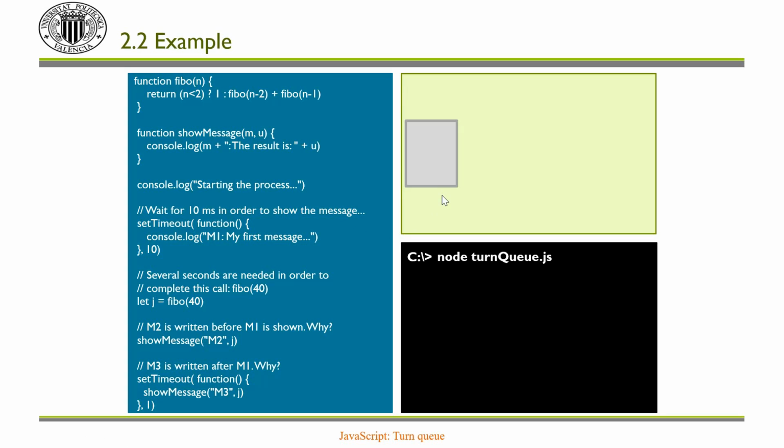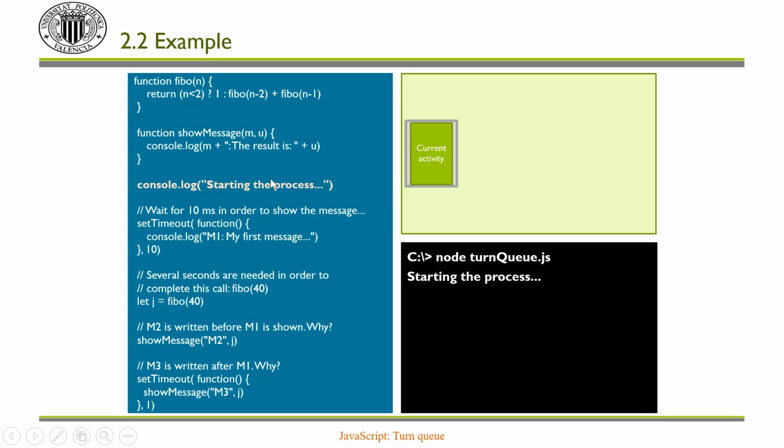So let's assume that we have started the process. To this end, we are using the node command, and we are passing as an argument the name of this program file. The interpreter reads these functions and finds that this is the first instruction that provides a given output.